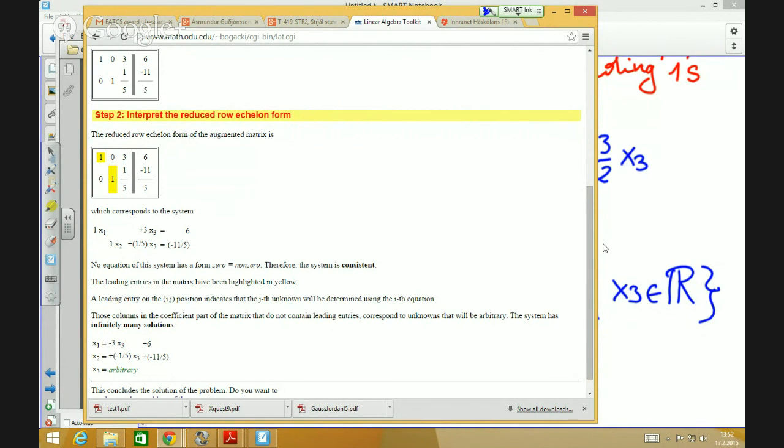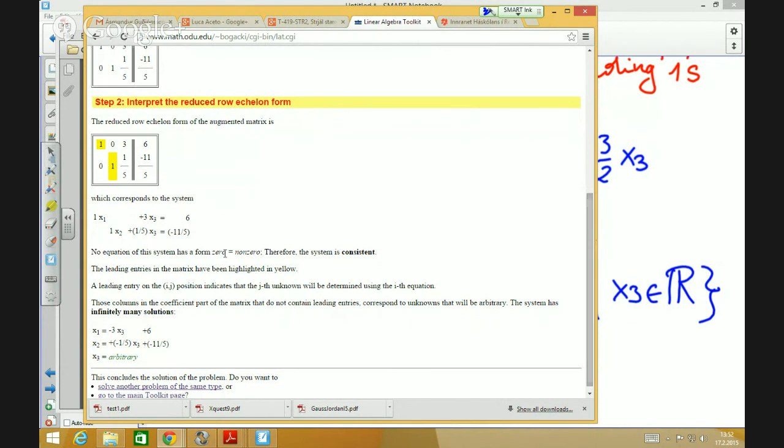We express the values of x1 and x2 in a solution as a function of the value of x3. So we set x3 to be an arbitrary real number, whatever number you like. But once you set x3, then x2 should be computed by setting that value of x3 in this expression. And x1 will be minus 3x3 plus 6.